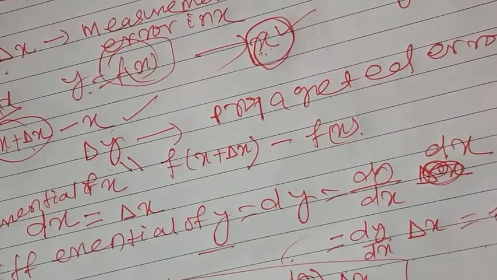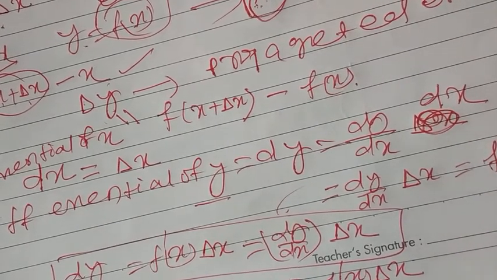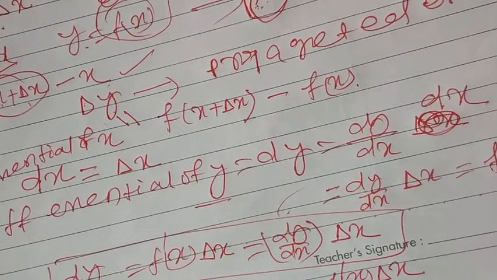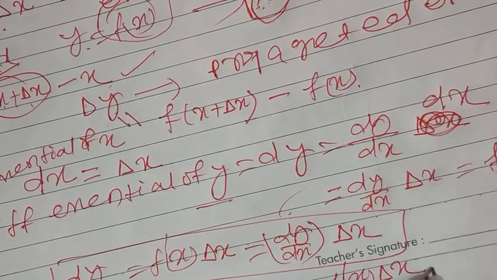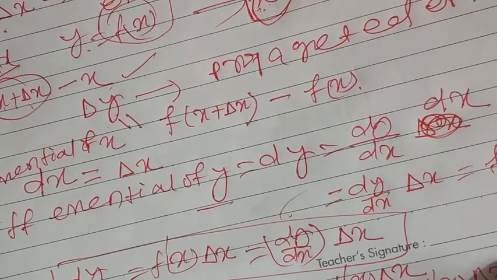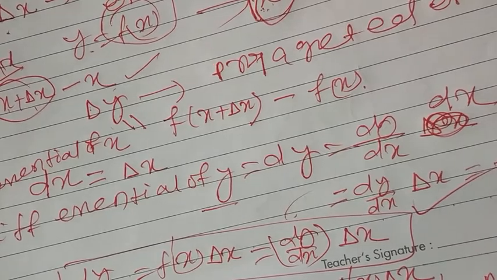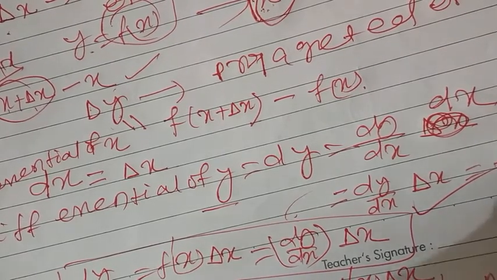Getting the idea? Now, what is f(x plus delta x)? It is nothing but f(x) plus f dash x delta x. Acha. We came to the same formula from this treatment. Understood? The difference between the measured error and propagated error. Chalo. Let us go ahead.